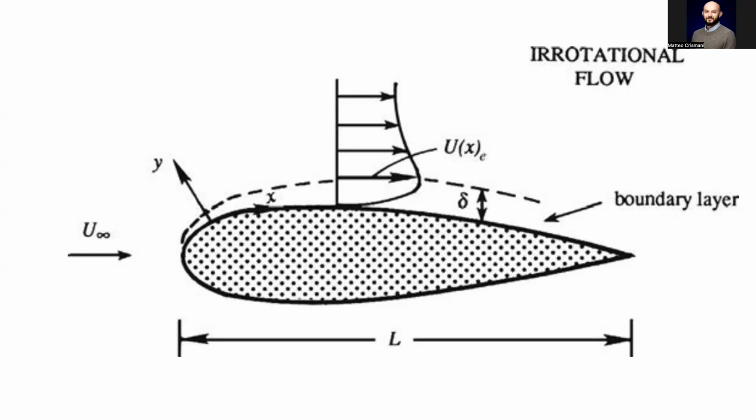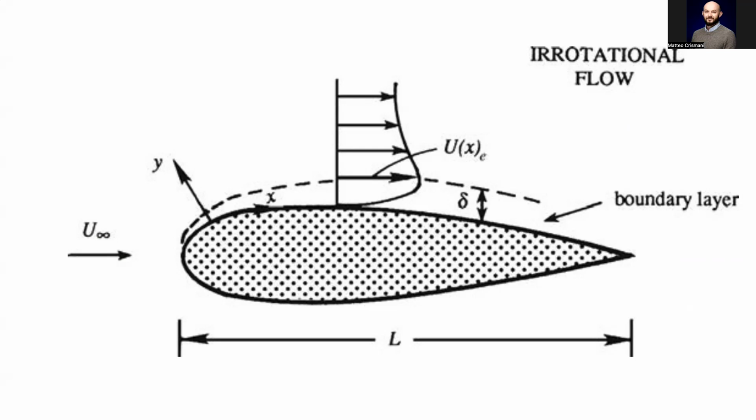So from the reference frame of the wing, these are laminar flows. That is to say, they arrive in layers. And the question is, how does this laminar flow behave in the presence of an object? Okay. So here we have an object. We don't really care what the shape is right now.